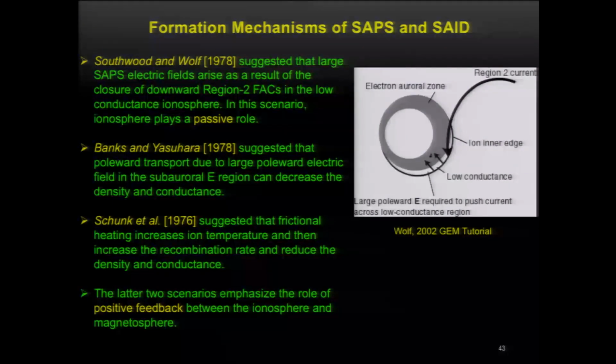Another mechanism suggested by Bob Zhang is that once your electric field is very large, the frictional heating will further heat the ions, and the charge exchange reaction rate is very sensitive to the ion temperature. Once you increase the ion temperature, the O+ will be converted to NO+ very quickly.